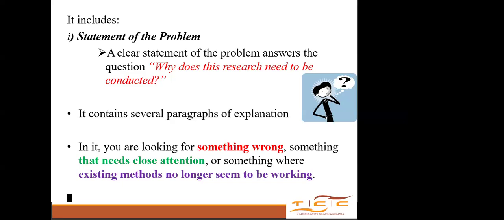My supervisor always tells me, if I see you writing your statement of the problem in one page or more, then I already know that you are not really clear on the problem you are solving. So it has to be a bit short, but clear enough. Maybe three quarters of a page. If it goes to a page, then you need to start trying to refine it even further.